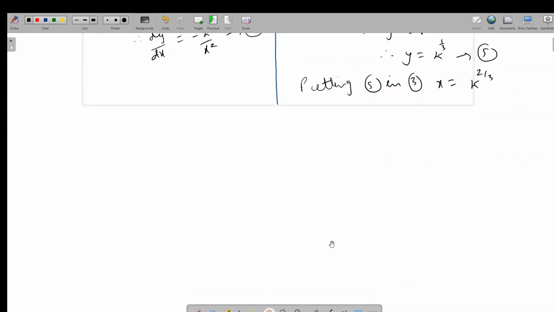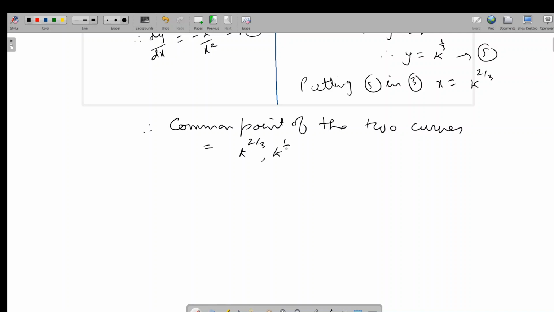The common point of the two curves is k raised to 2 by 3, k raised to 1 by 3.